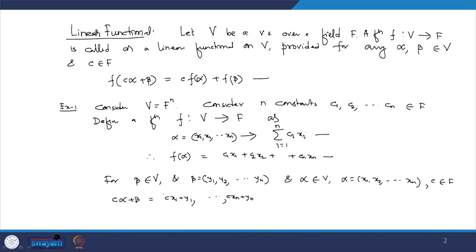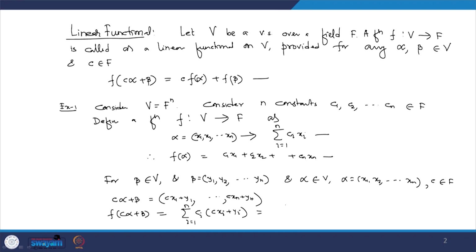So, f of C alpha plus beta will be equal to, according to this definition, sigma Ci into C xi plus yi, i equal to 1 to n. One can rewrite this as C into sigma Ci xi plus sigma Ci yi, i equal to 1 to n.